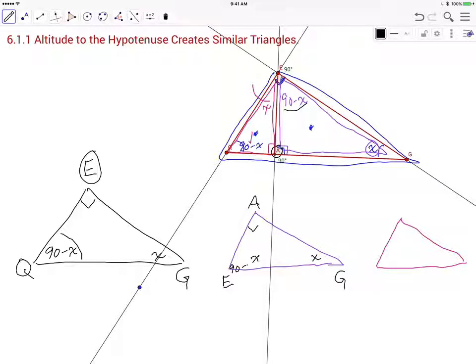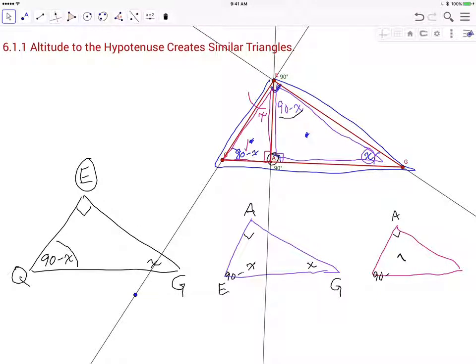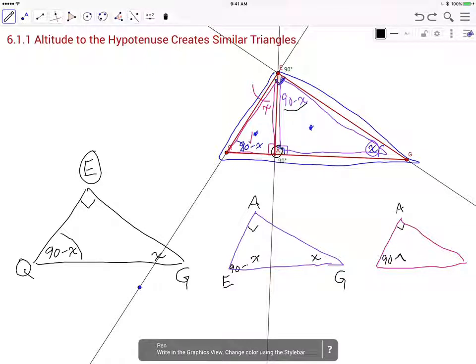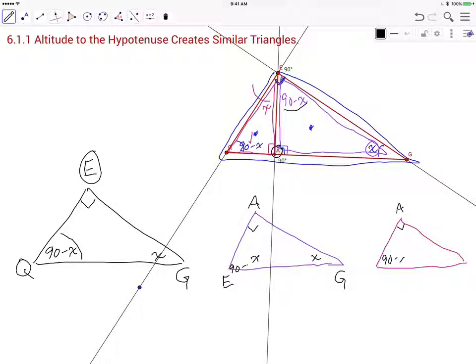In the pink, we have the right angle at the very top. That happens to also be at A. The 90 minus x angle in pink is, let's show that this is going the right way, this is the 90 minus x angle over here, and that is going to be the Q angle, right?